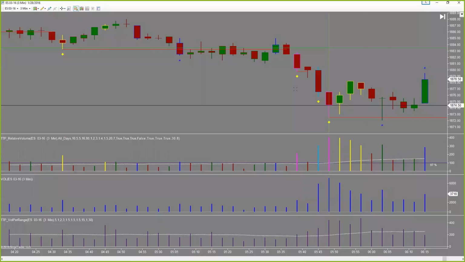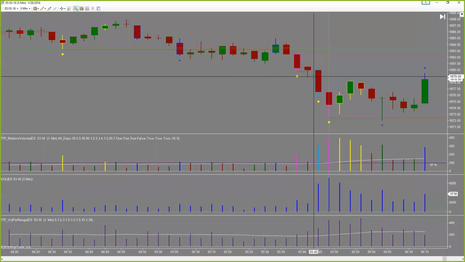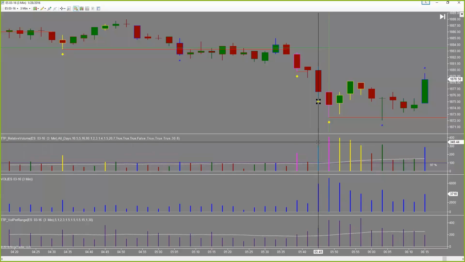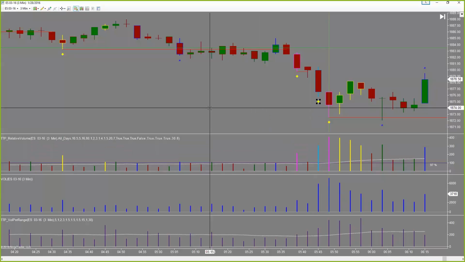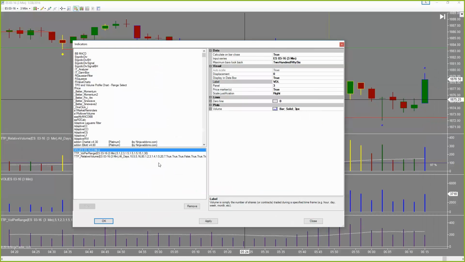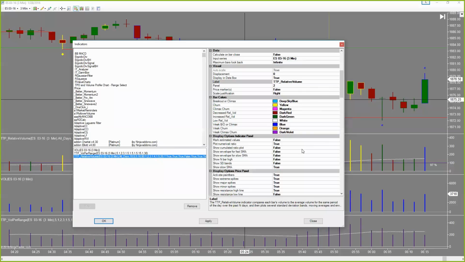This bar is a selling Climax right here, which is why the outline of it is painted blue. All right. It's also an extreme spike in the relative volume. All right. Let me show you all of the different indicators that we had to put on this thing to get all these conditions figured out.